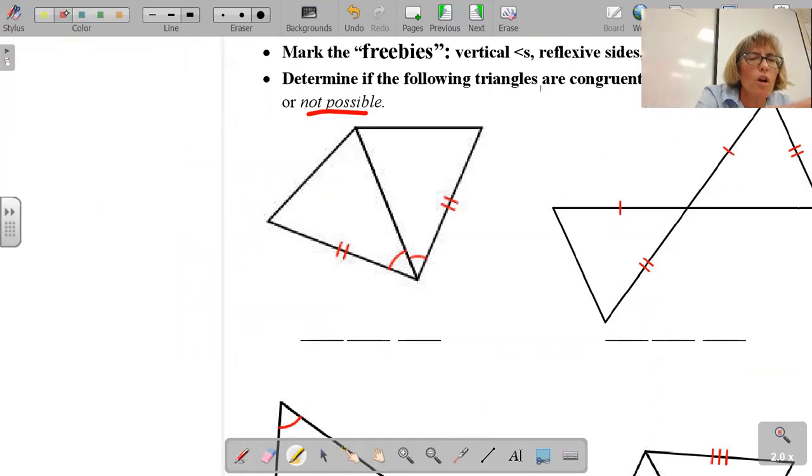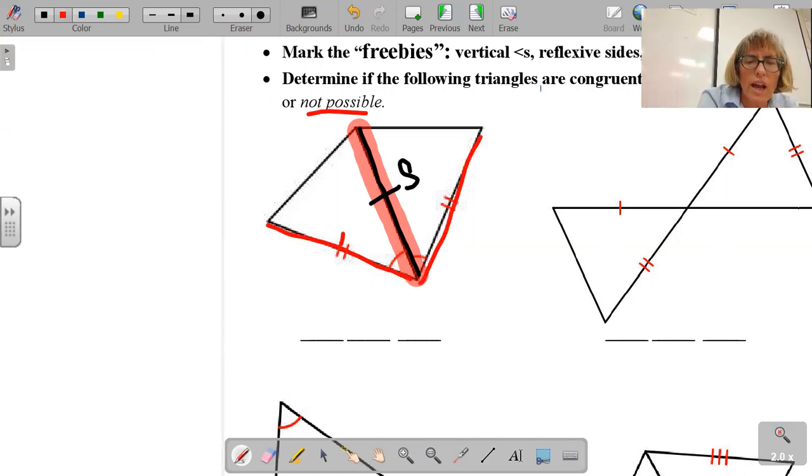In this, our freebie is the reflexive side. So you're going to hatch mark it. I'm going to do freebies in black so they're easy to spot. Hatch, I got a pair of sides. Trace this. Those are already hatch marked for you. I have a pair of sides given. And then sweep, sweep.